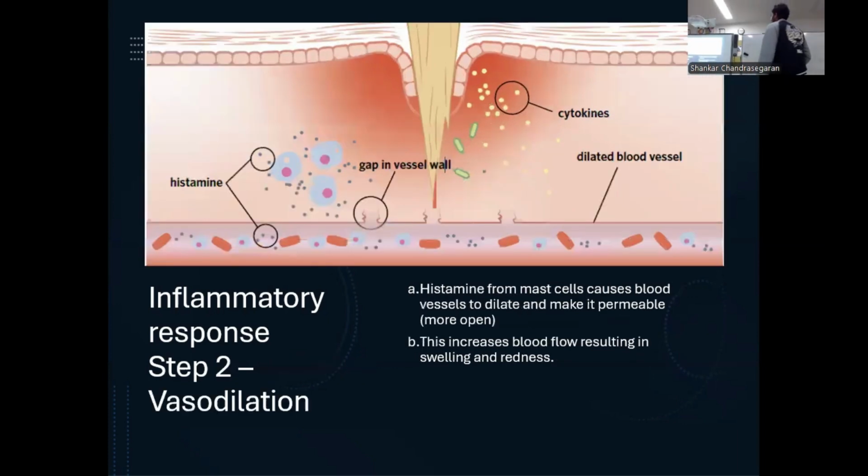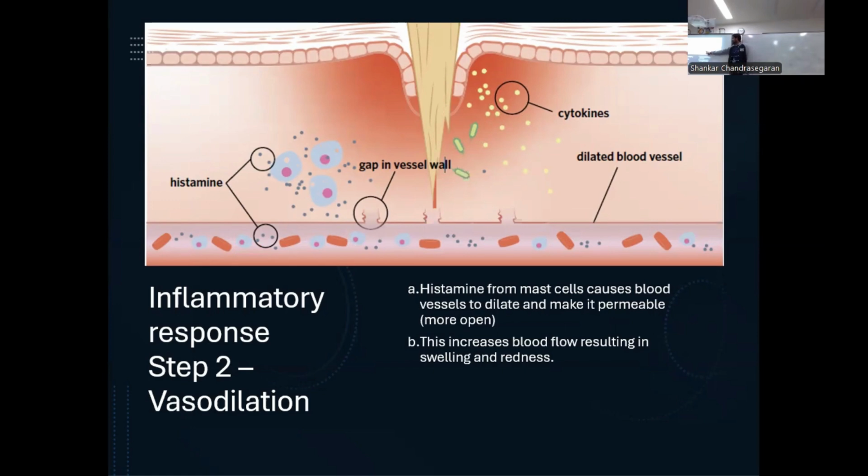Moving on is the second step, which is vasodilation. This is the step in which excessive amounts of fluid are emptied into that region. And how does that happen? The histamine from the mast cells causes blood vessels to dilate, making them permeable to that region.